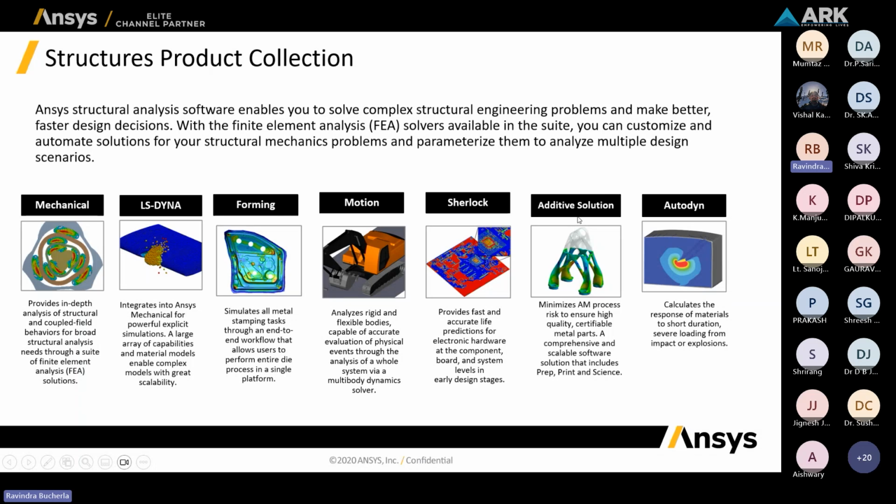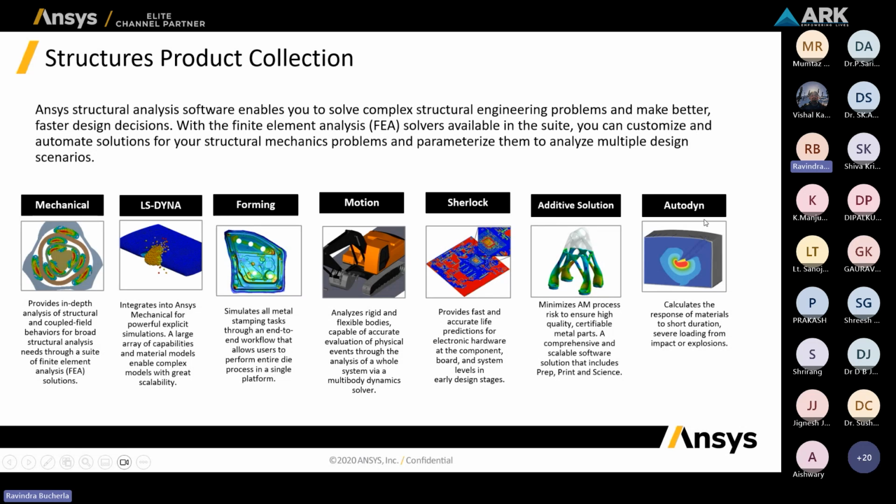And for additive manufacturing, we have a dedicated additive solution to minimize the risk of metal products while printing, and it has so many advantages related to optimization as well, related to lattice optimization, topology optimization. So this kind of optimizations and 3D printing related simulations and material analysis generally we will do by using these additive solutions.